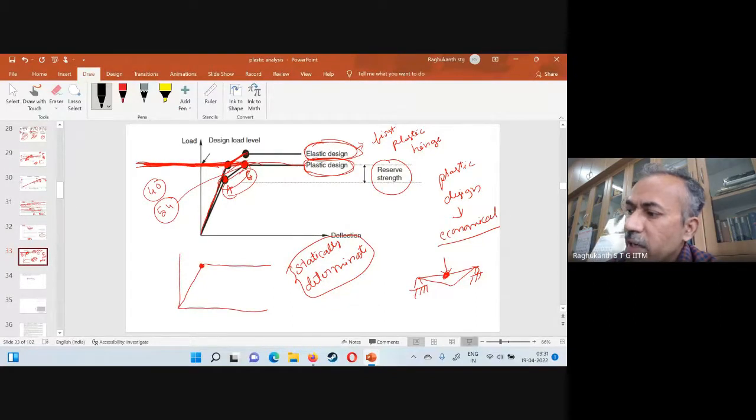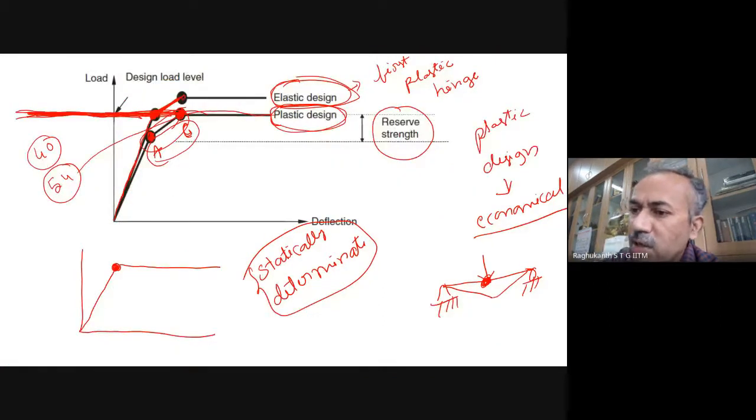See, for statically determinate structures, elastic formation has one hinge only. So where is the reserve strength coming from, and where are you utilizing it? That is from A to C, for the propped cantilever, where two hinges are there, so this reserve is taken into consideration. But if only one hinge is forming, you are not taking anything extra. Of course, you take PL by 4 or whatever here.